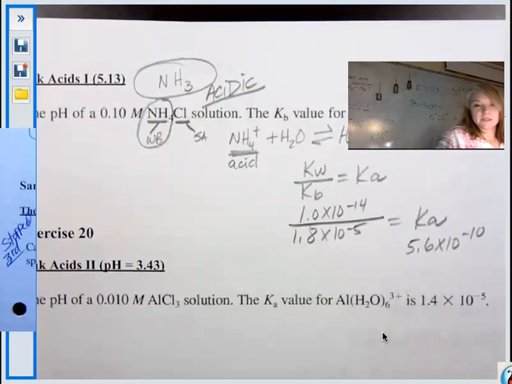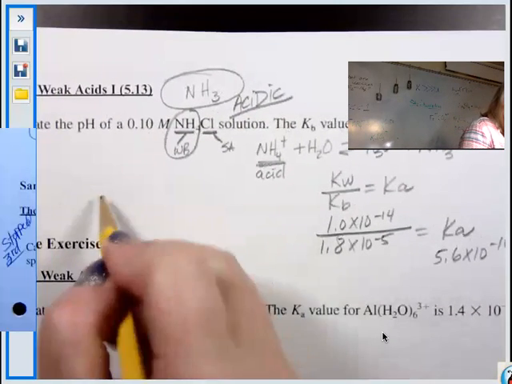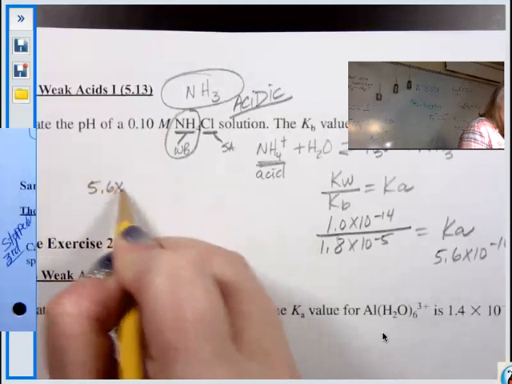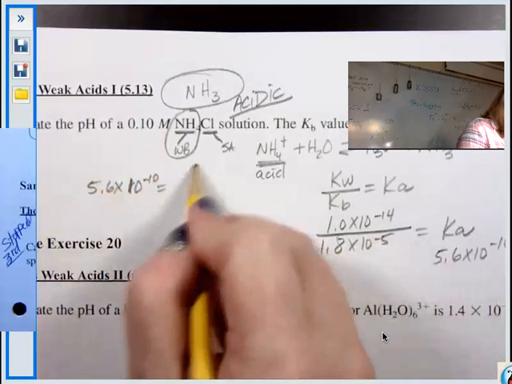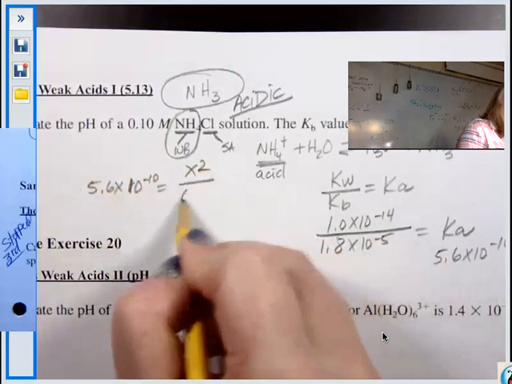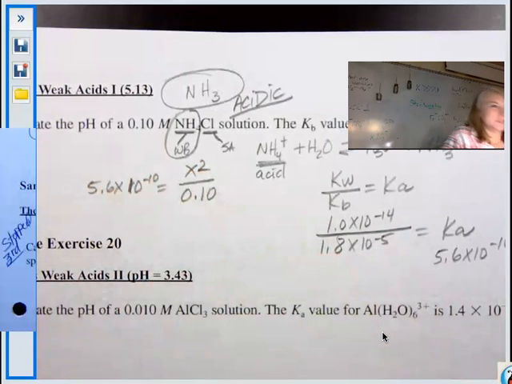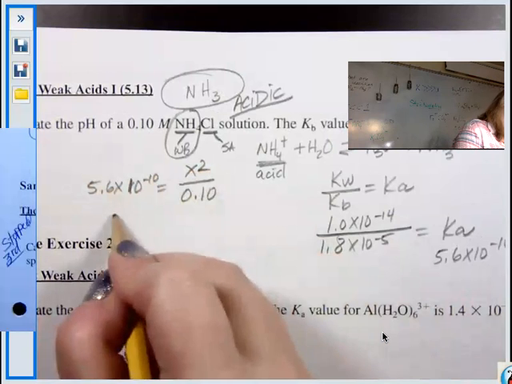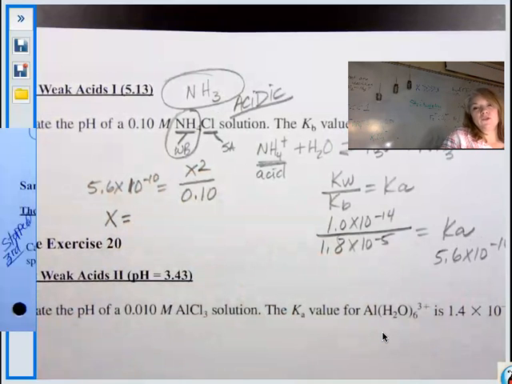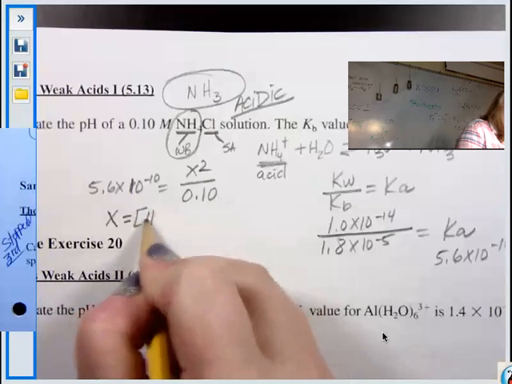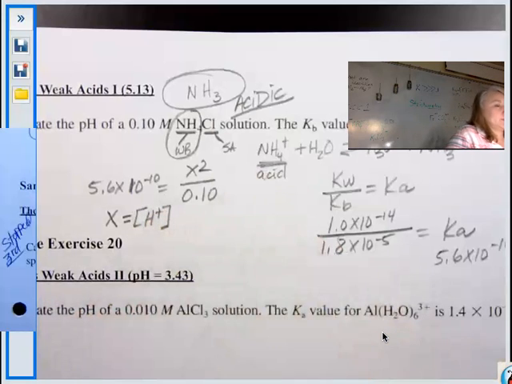So 5.6 times 10 to the negative 10 equals x squared over, there you go. All right, so remember, now this time our x is equal to what? Hydronium or hydroxide? H, good. So we don't have to subtract from 14, do we?